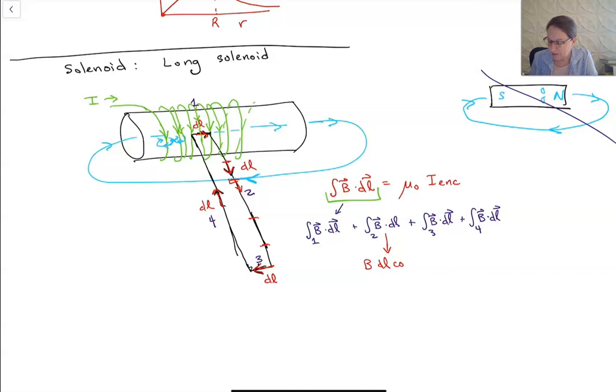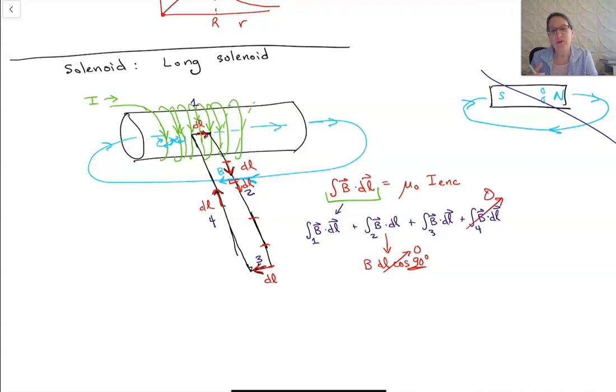But that's times the cosine of 90 degrees. And cosine of 90 degrees is 0. So, because of the direction of the magnetic field and the loop that we drew, this B dot dl, even though the magnetic field is not 0, the dot product is 0 because we've got 90 degrees between these two vectors. Right? This is the direction of B. This is the direction of dl. So that's 90 degrees right there. This gives me a 0.